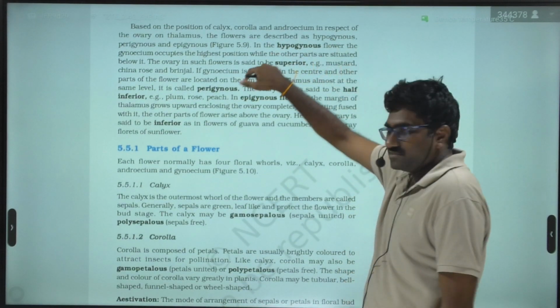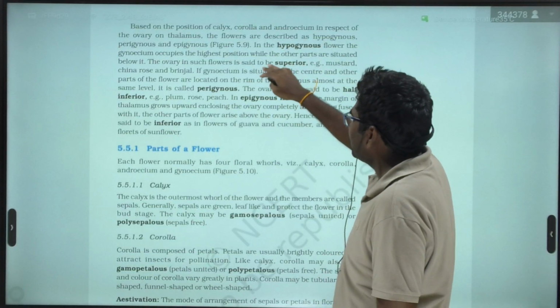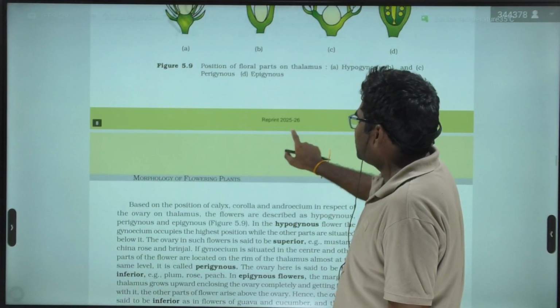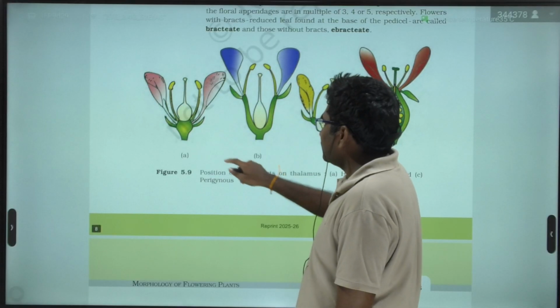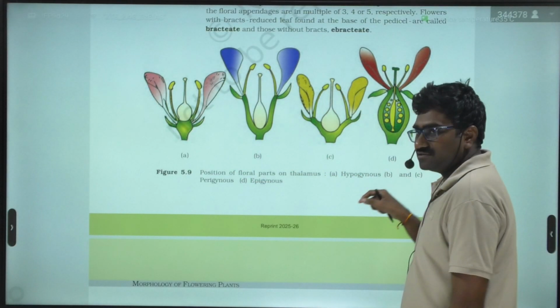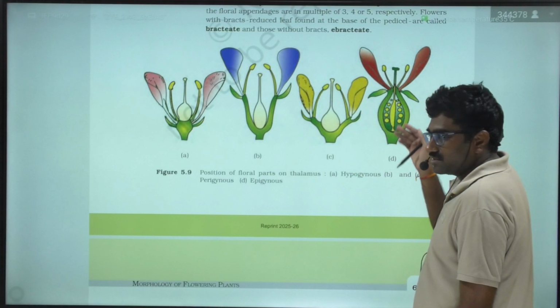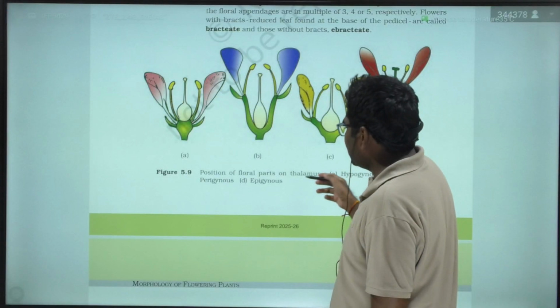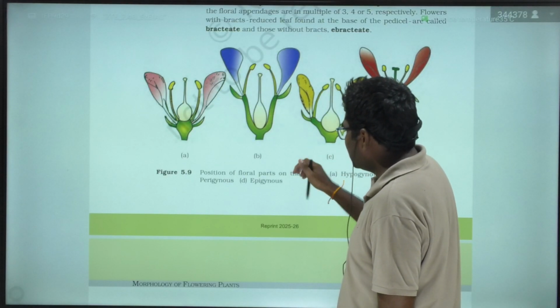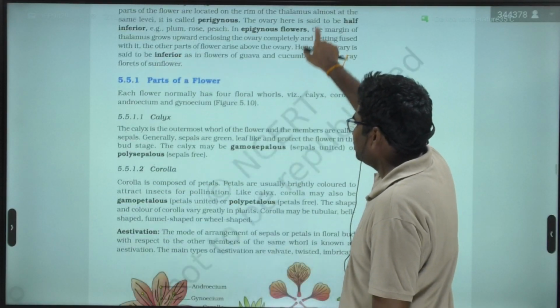Very important, previously asked in the NEET examination, examples you need to remember. In the hypogynous flower, the ovary is superior, whereas in the epigynous it is inferior because the ovary is present at the bottom region, whereas in perigynous the ovary is half superior and half inferior. So remember the examples.